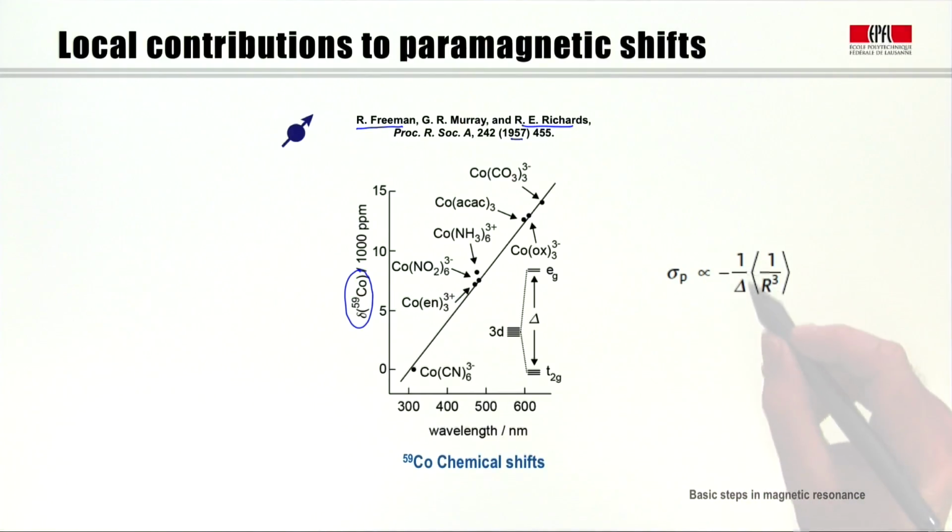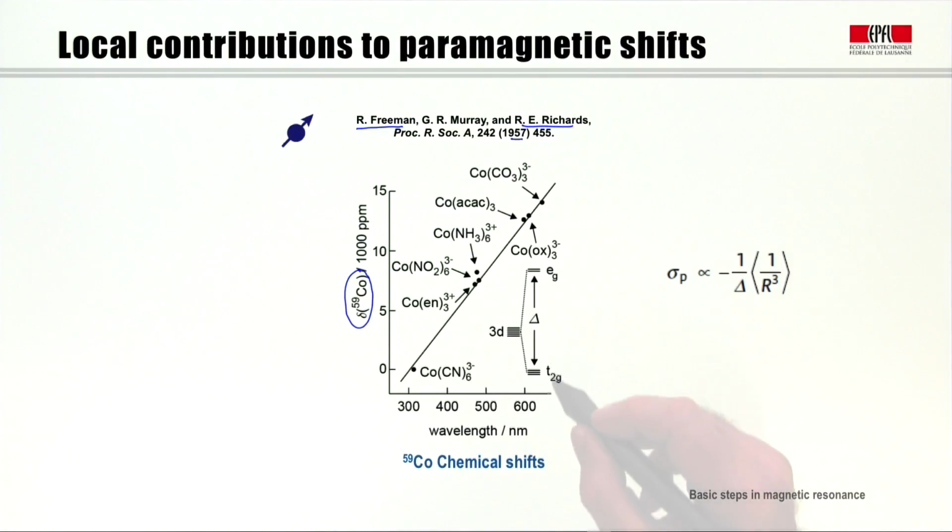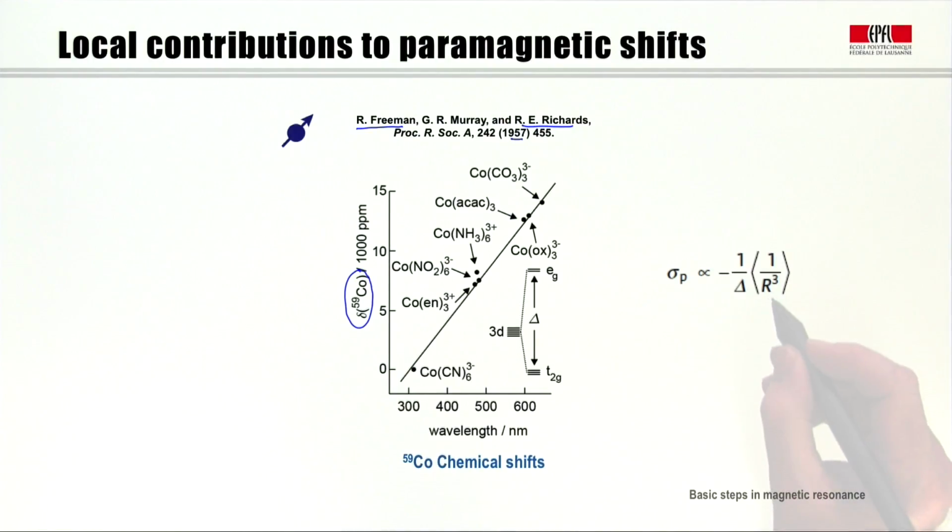They noticed that it's inversely proportional to the parameter delta, which is simply the splitting, the transition frequency of the optical transition, and they also considered that it should be relevant to include an average over r to the minus 3, where r is basically the radius of the size of the electron cloud that is responsible for the chemical shift. Now, this is a really beautiful observation, very interesting, very stimulating, but unfortunately there are not many molecules that behave in such a clear way, not many examples of this effect.